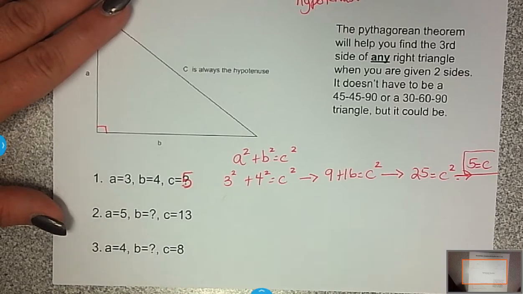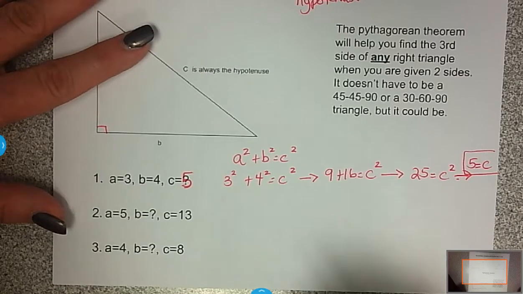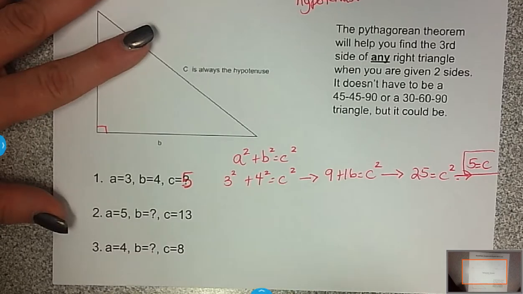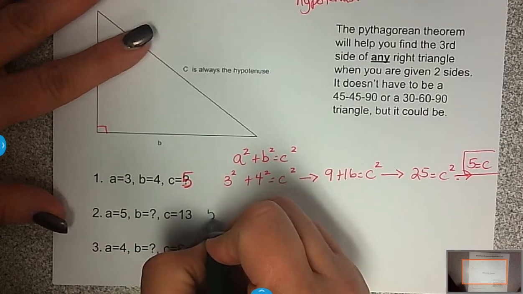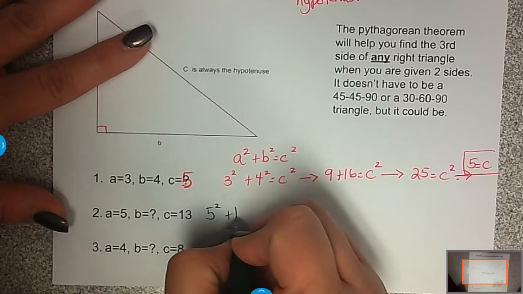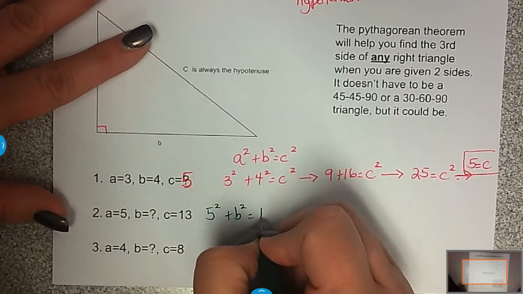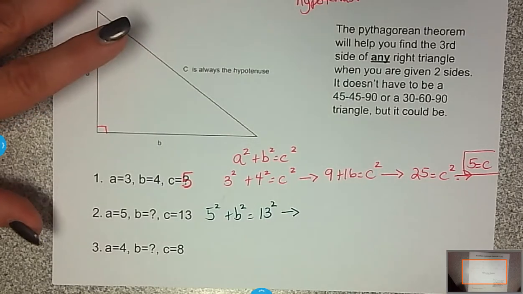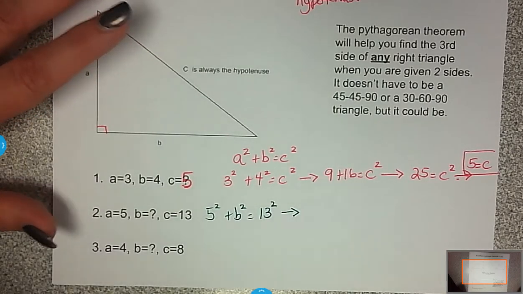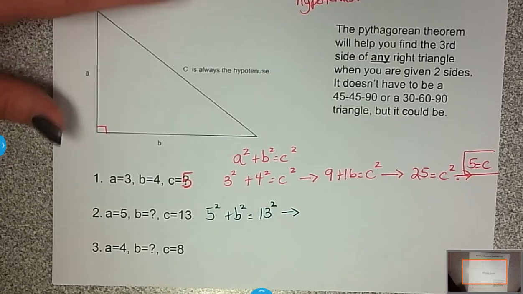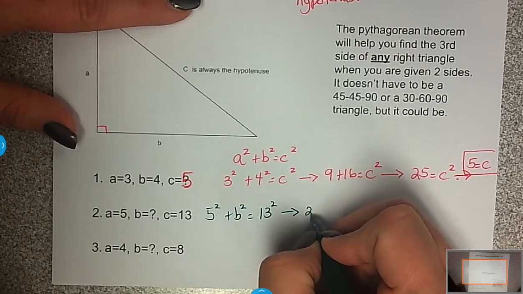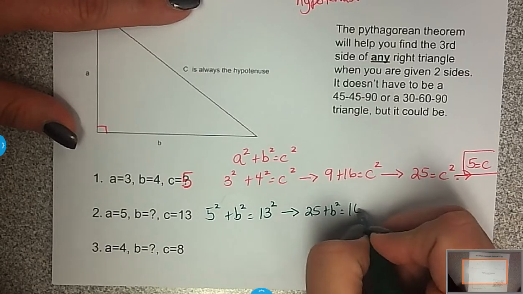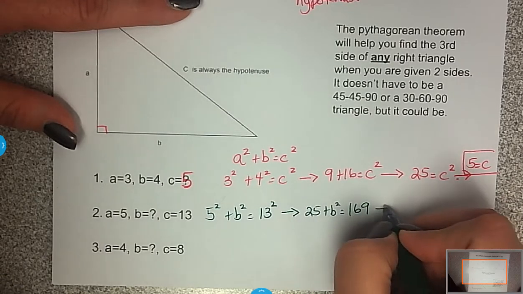All right, for problem number 2, I know A and C, but I don't know B. So let's plug in what we know. I've got 5 squared plus b squared is 13 squared. Now, let's go ahead and square those. So I get 25 plus b squared equals 169.